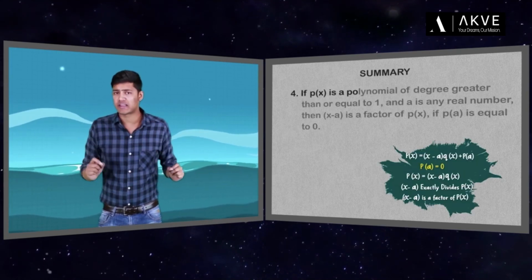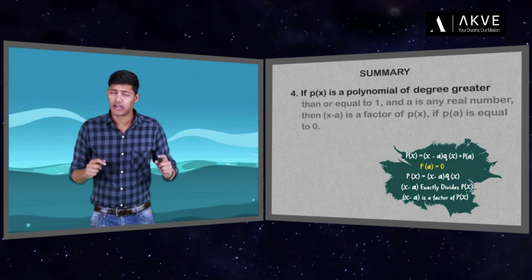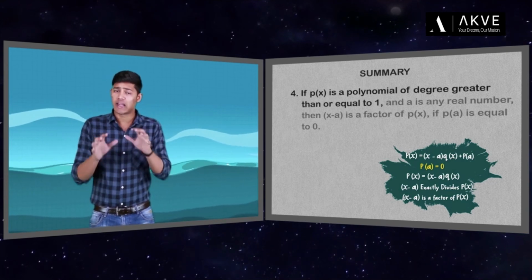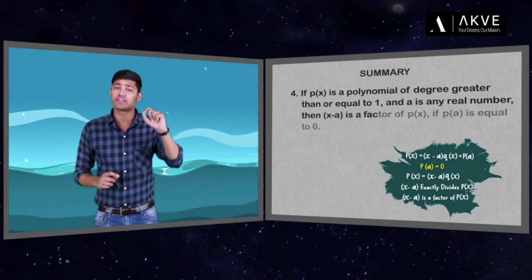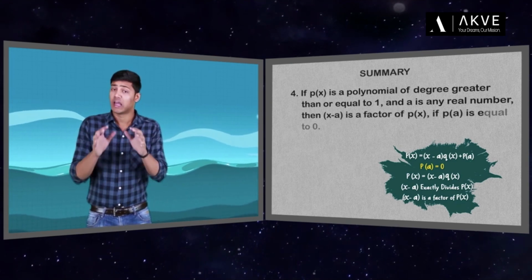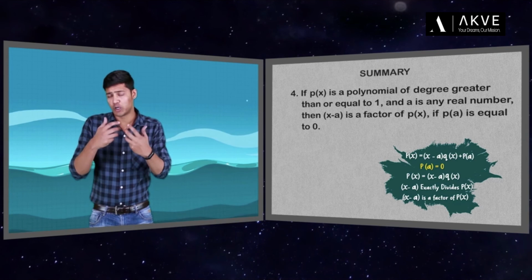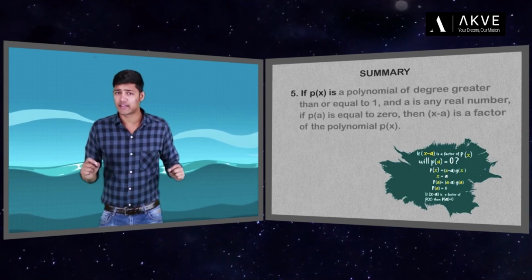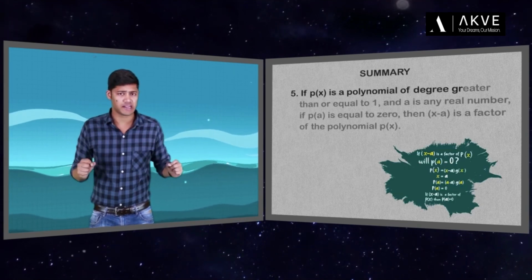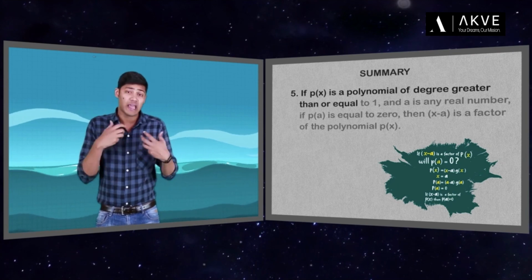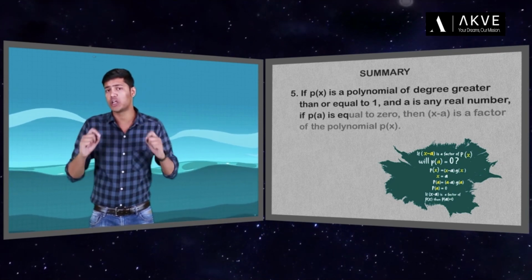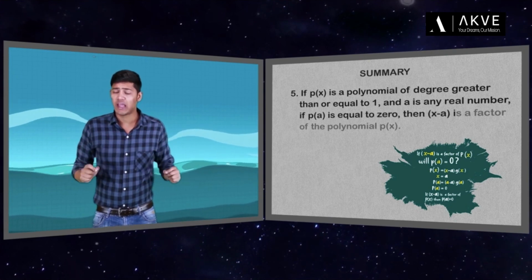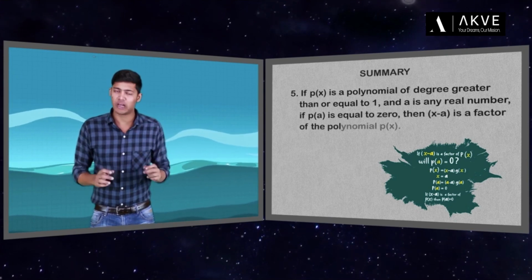If p of x is a polynomial of degree greater than or equal to 1 and a is any real number, then x minus a is a factor of p of x if p of a is equal to 0. Conversely, if p of a is equal to 0, then x minus a is a factor of the polynomial p of x.